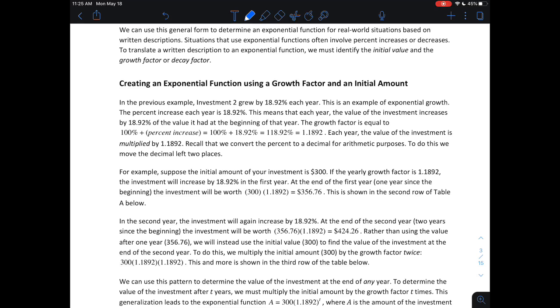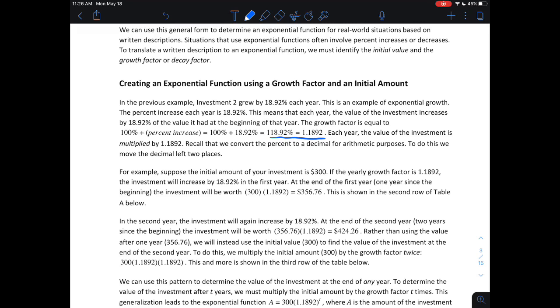In the previous example, investment 2 grew by 18.92% each year. This is an example of exponential growth. The percent increase each year is 18.92%. This means that each year the value of the investment increases by 18.92% of the value it had at the beginning of that year. The growth factor is equal to 100% plus the percent increase, which is 100% plus 18.92%, which is the same thing as 118.92%, and that's where we get the 1.1892.